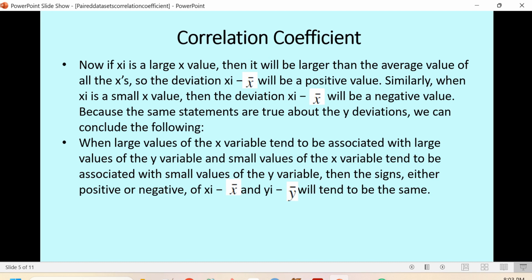Because xi larger than x bar gives a positive deviation, and yi minus y bar being negative means yi is a small value. So a large x value comes with a small y value, and this is a negative relationship.